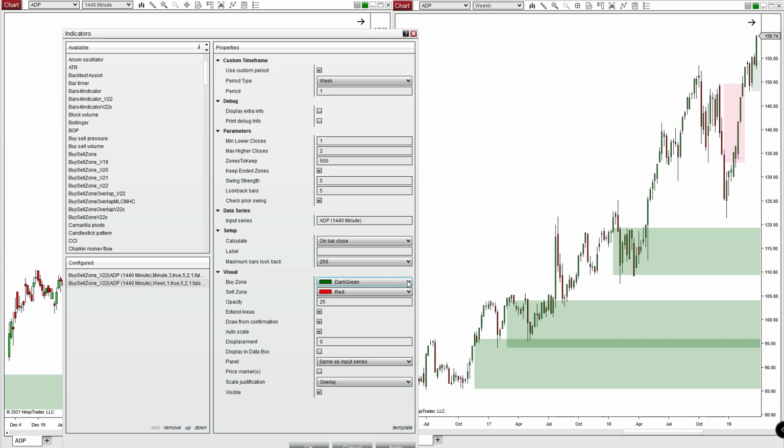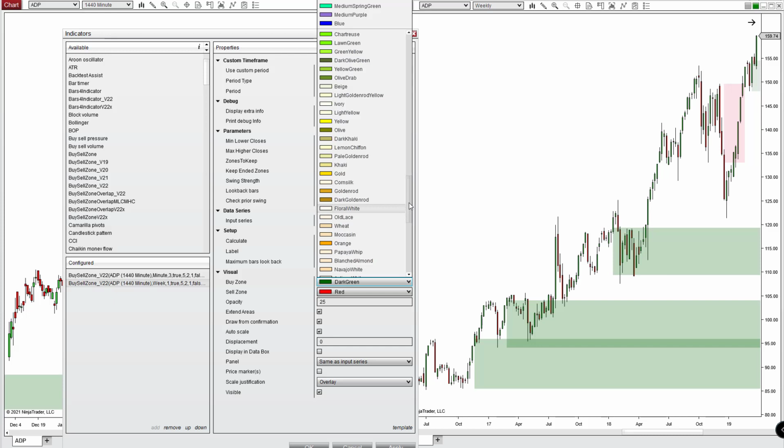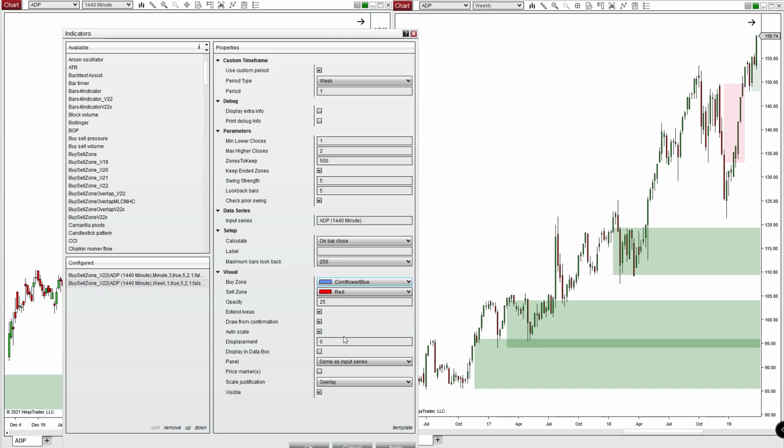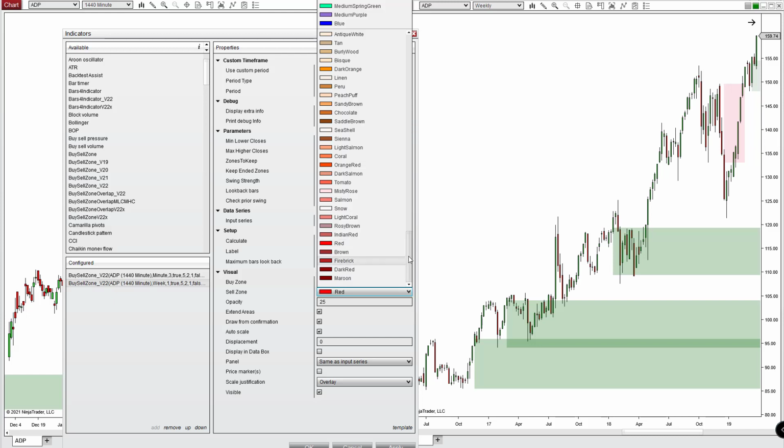One thing I'm going to change is the color, because I need to know which one is weekly and which one is daily. My dark green is my daily. I'll use a cornflower blue, an interesting name, for the weekly buy zone. And let's see, I don't want something too bright.